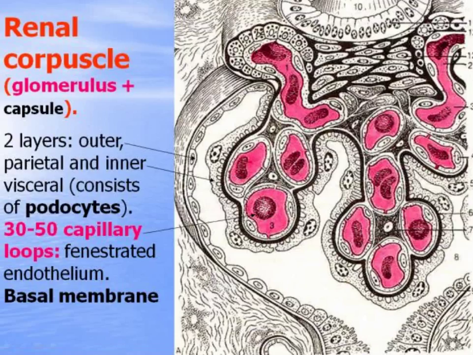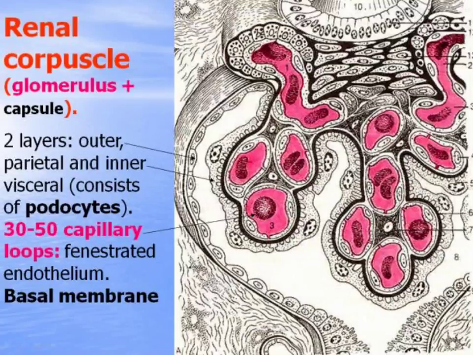Renal corpuscle here, glomerulus, pink blood in blood capillaries, and the capsule consists of two layers: outer, parietal, lined by simple squamous epithelium, and inner, visceral, consisting of special flat cells, podocytes, which closely cover the blood capillaries of the glomerulus.